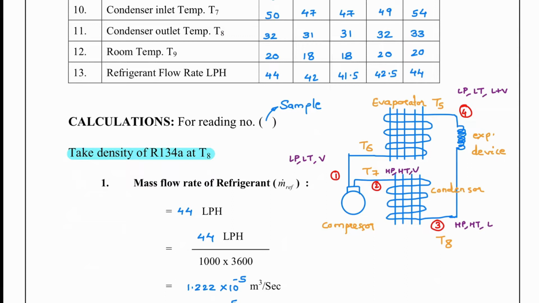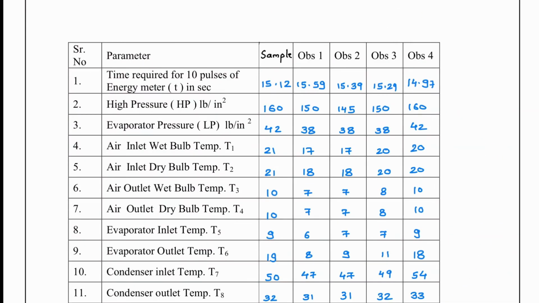So when we are calculating the mass flow rate of refrigerant, we have to take the density of refrigerant R134A at T8 temperature, and that density will be of liquid refrigerant, not vapor refrigerant. We will do the calculations for the sample reading, which is this one. This column is the sample reading.